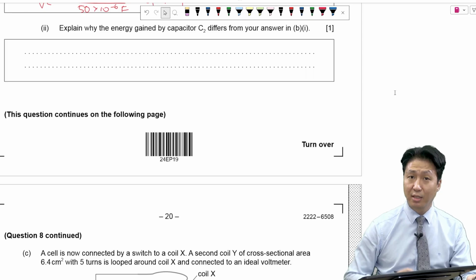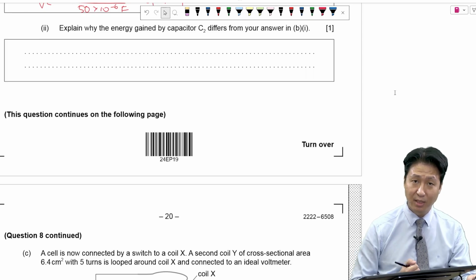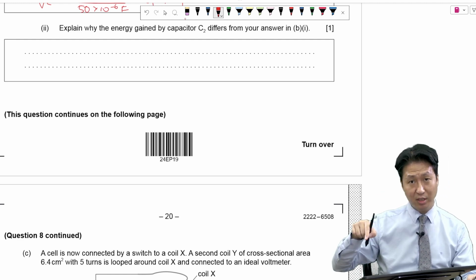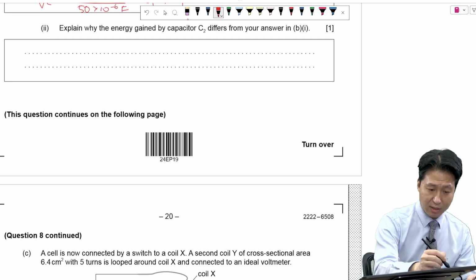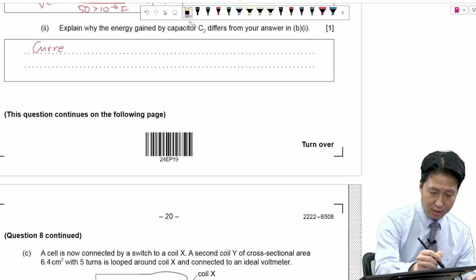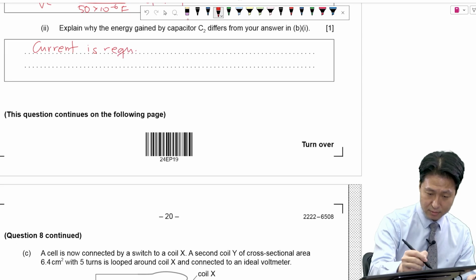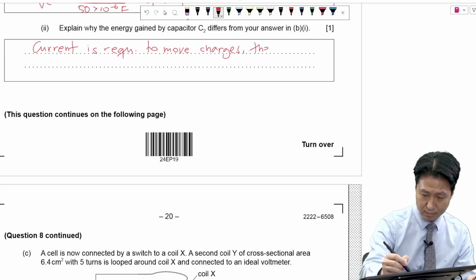Part 2 is to explain why the energy gained by capacitor C2 differs from this answer. Some of the energy is lost as it is transferred because you have a current and a resistance. Current is required to move the charges. There is a resistance in the wire.